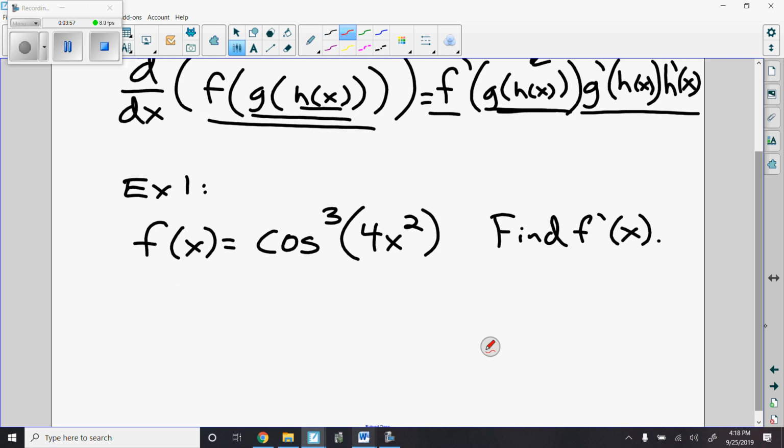I'm just going to take a step to rewrite f of x. Notice I'm still labeling this thing f of x, right? I'm not doing a derivative right now. All I'm doing is rewriting this thing. And I'm going to write this cubed on the very outside. So I'm going to write this as parentheses cosine of 4x squared.